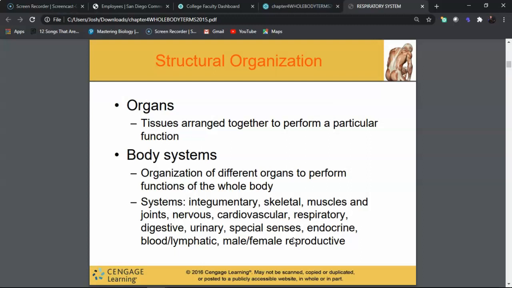Then when we take multiple organs together, we get what's called a body system. If we have the lungs and the heart, we have the cardiopulmonary system. If we include the blood vessels with the heart, then we have the cardiovascular system. When we put different organs together, it becomes a body system.